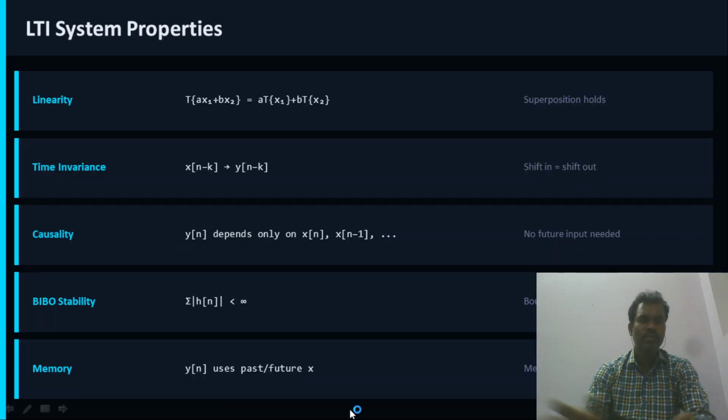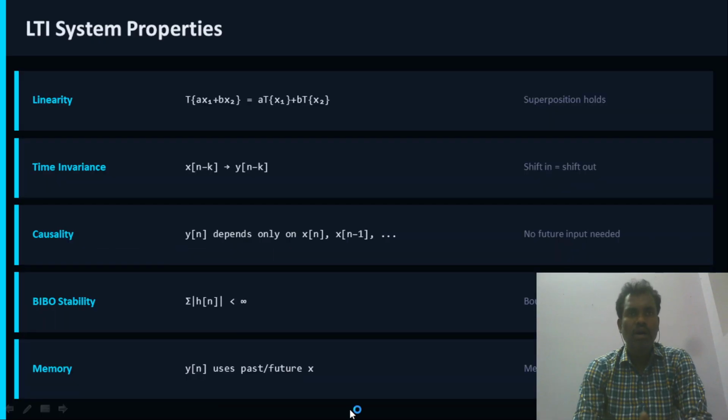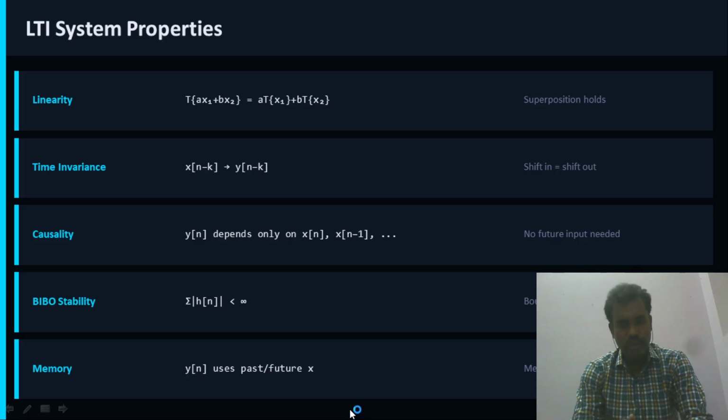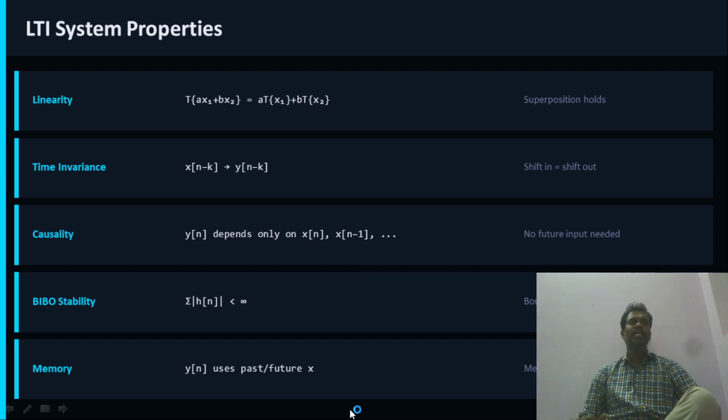Next, memory system. What does a memory system mean? It depends on present as well as past values of the output or input. So it contains some past output or past input. It needs some memory, or future also. If the output depends only on the present input, it does not need any memory.